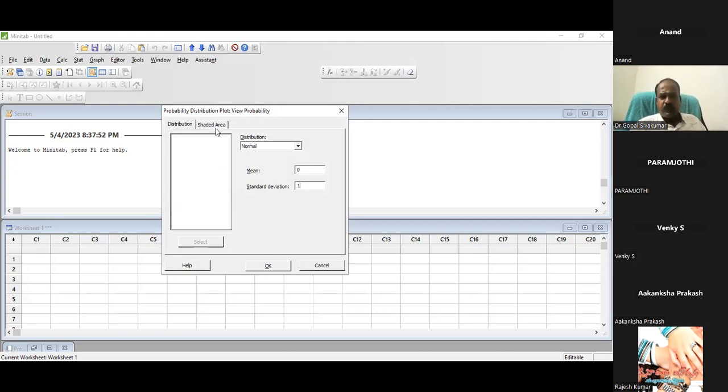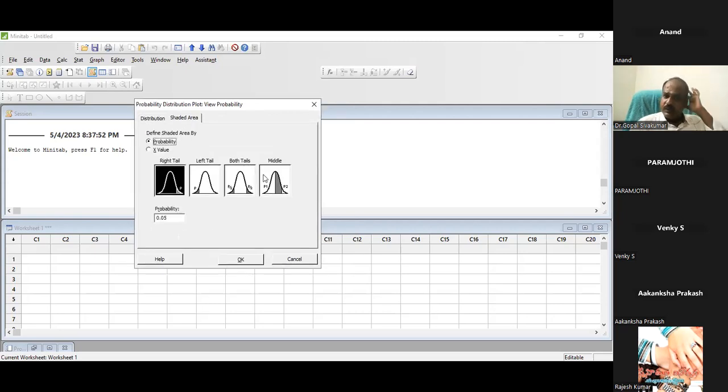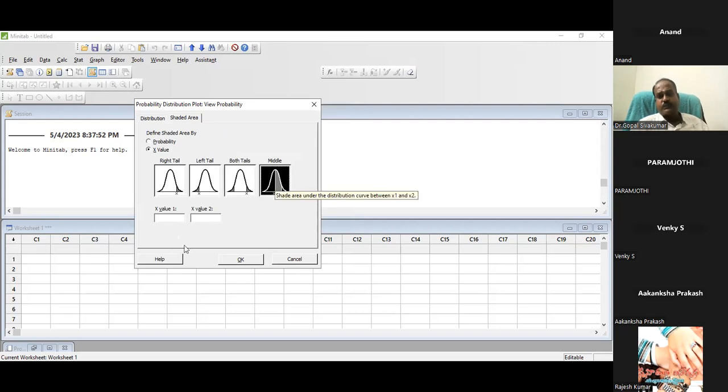Now go to Shaded Area. Now I want to know the area between 2 points. So choose the last one, area between 2 points. And I am going to declare the points. I selected X. In your question, what is the area you wanted? What are the 2 points? One point is on the left side.